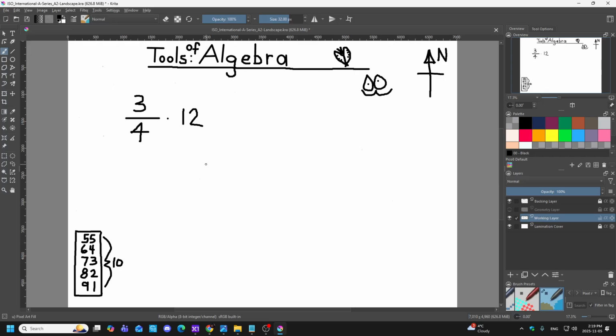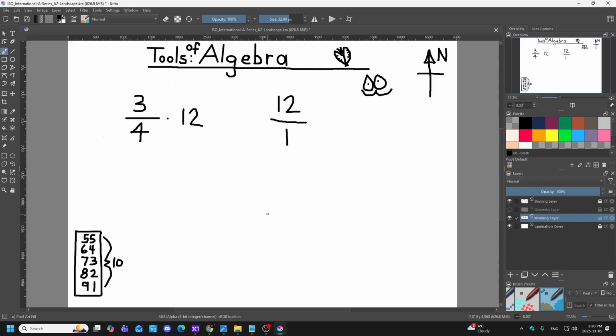Now, how do you figure out a whole number in fraction form? It is not shown, but it is implied that 12 in fraction form actually means 12 divided by 1.